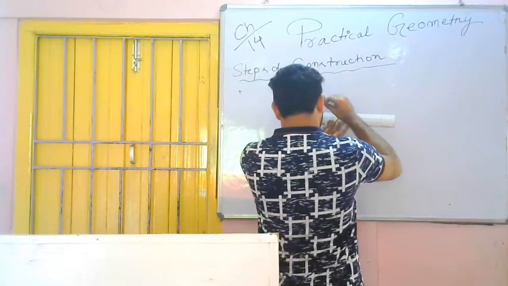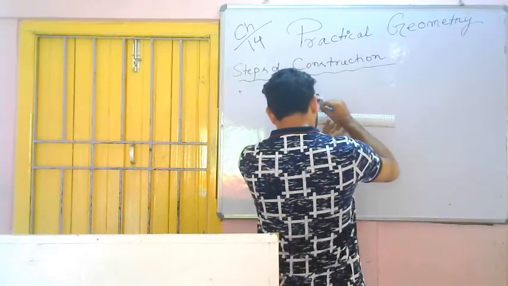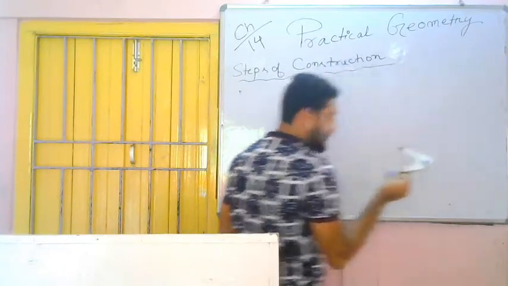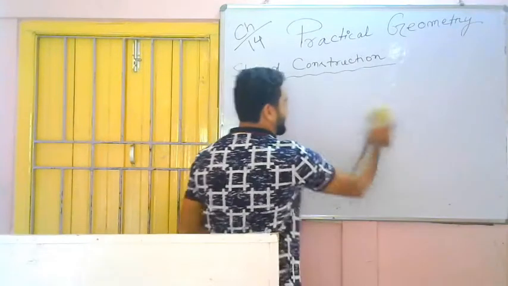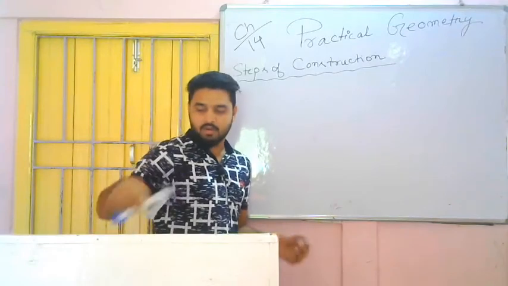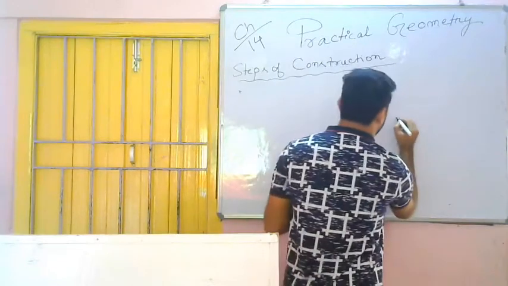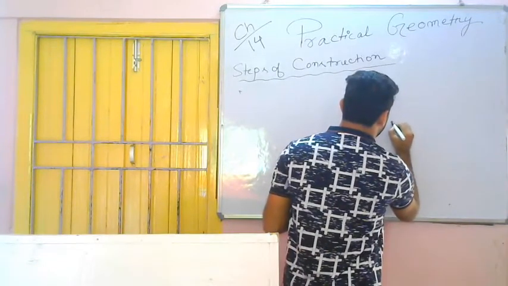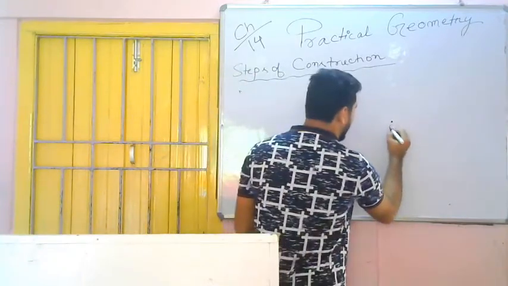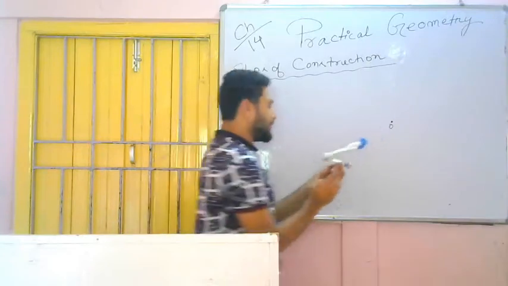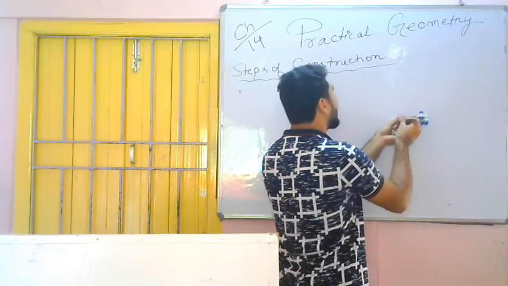Suppose this is 4 centimeter. You take the exact measurement. Now you take a point O as the center. Then you place the compass needle here and draw the circle.